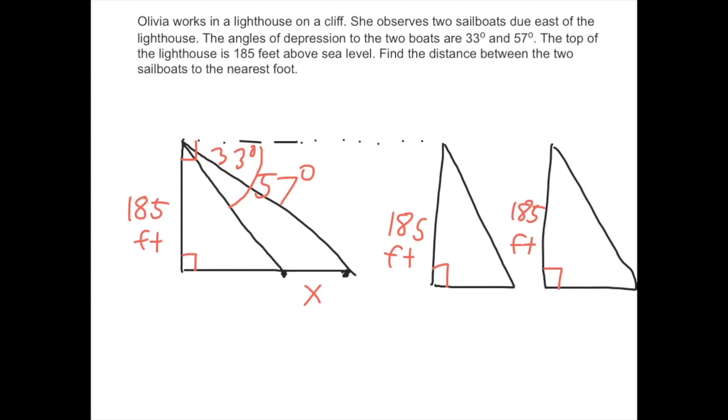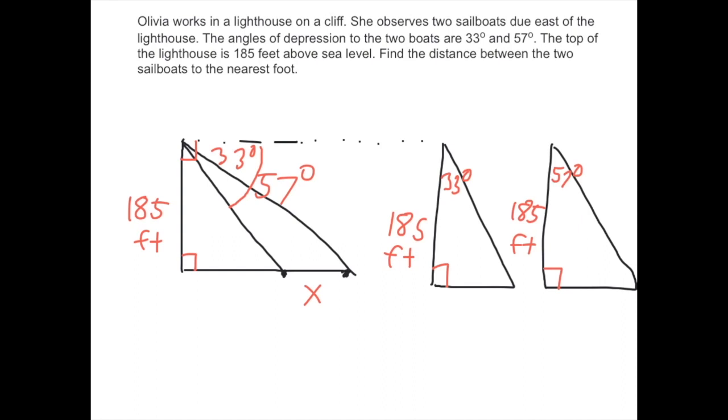So to find the smaller one here, we'll just take 90 and subtract 57, which will give us 33. And then for the big one, we'll just say 90 minus 33, which is 57.